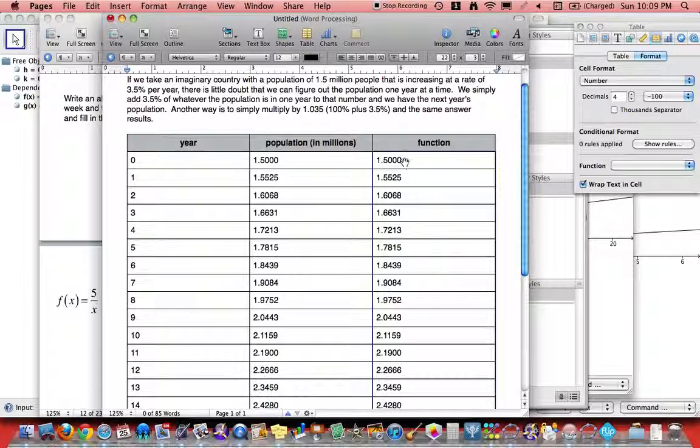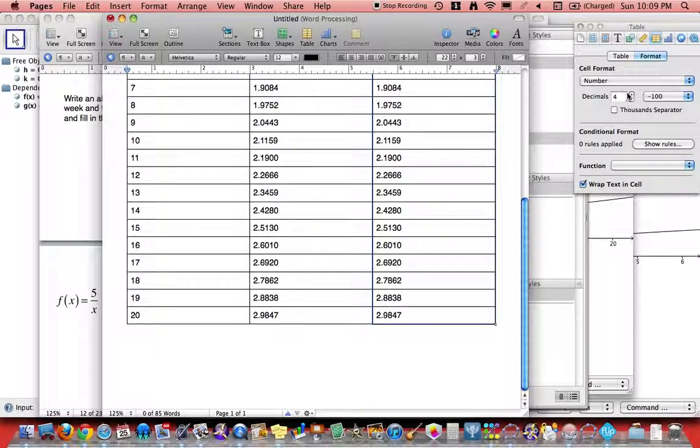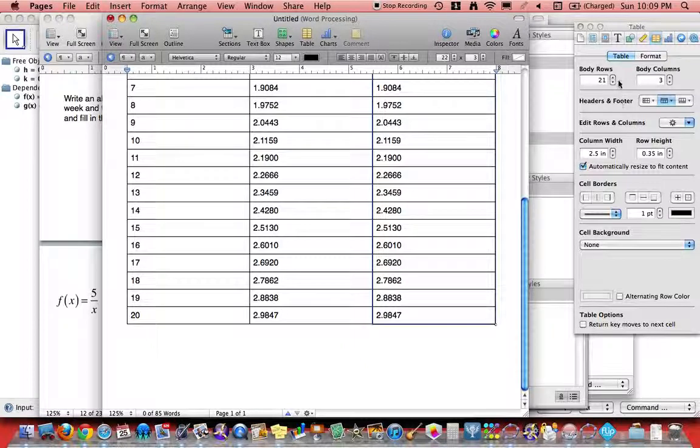So instead of doing it one year at a time, what happens if I add a row and I want to find out what it is in year 50? Okay, I know now, it's 8.3.